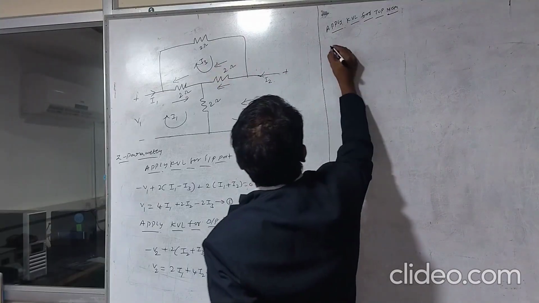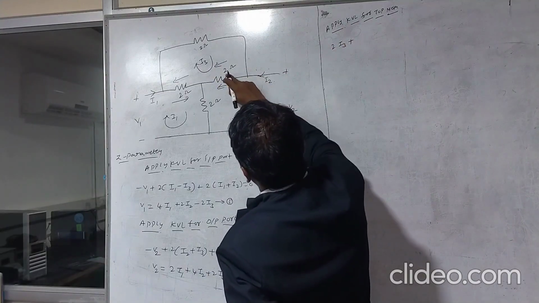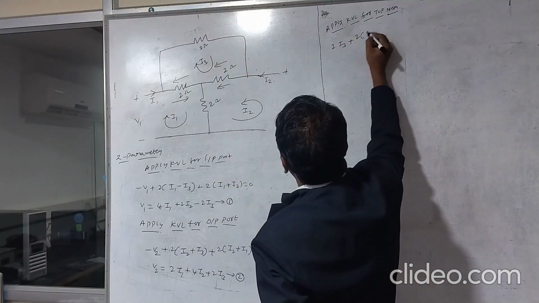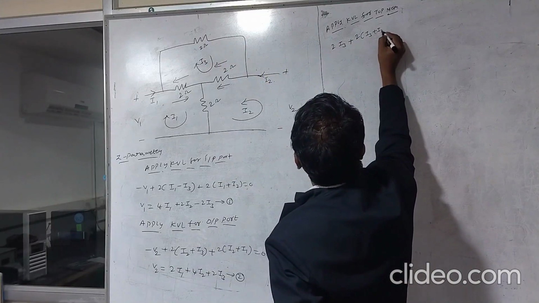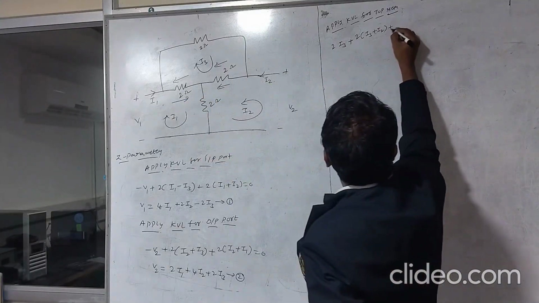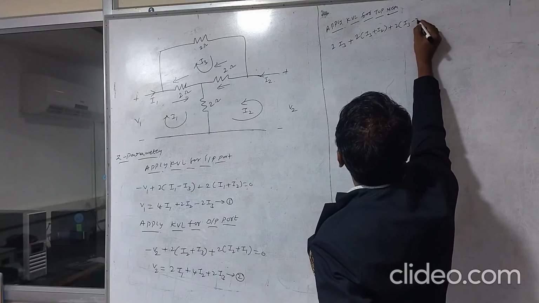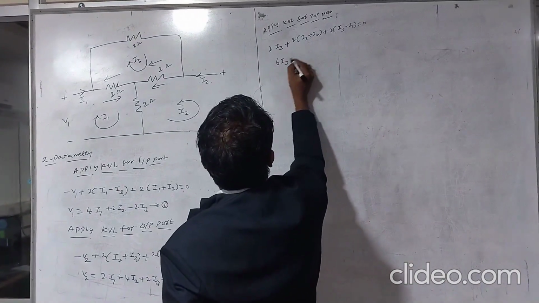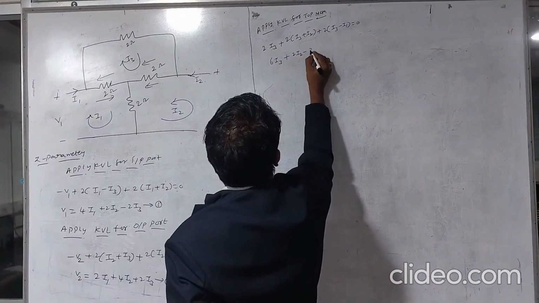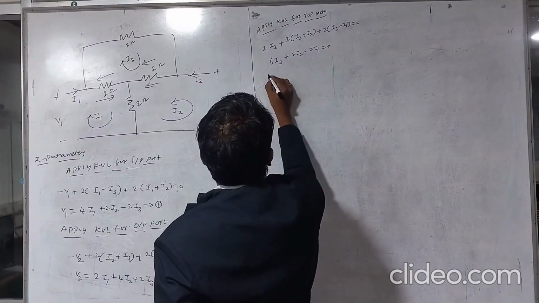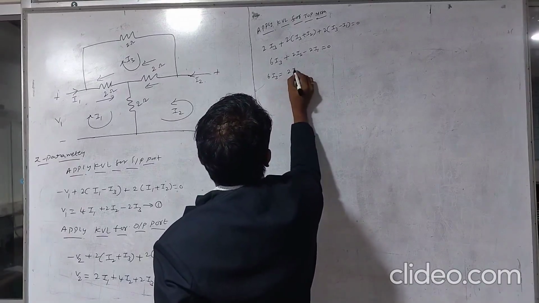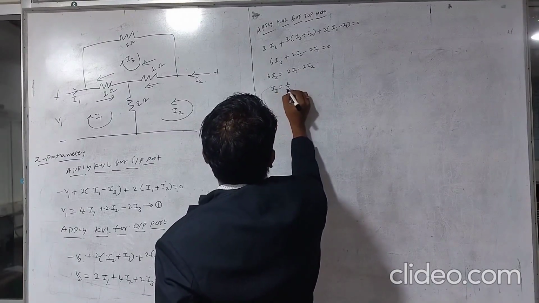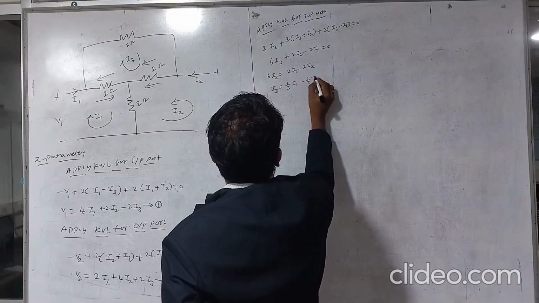So how can I write for this? 2 into I3, and regarding the I2 orientation and I3 orientation, 2 into (I3 plus I2), and regarding this 2 ohm, I3, so 6I3 equals 2I1 minus 2I2, so I3 equals 1 by 3 I1 minus 1 by 3 I2.